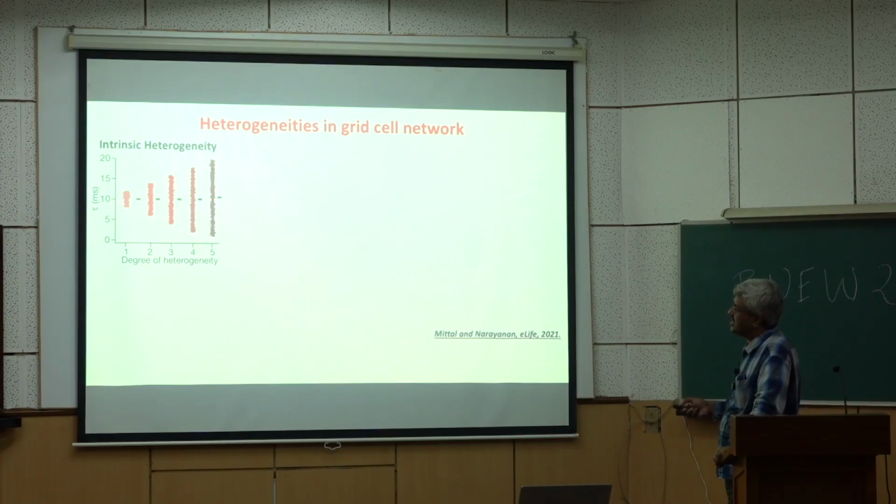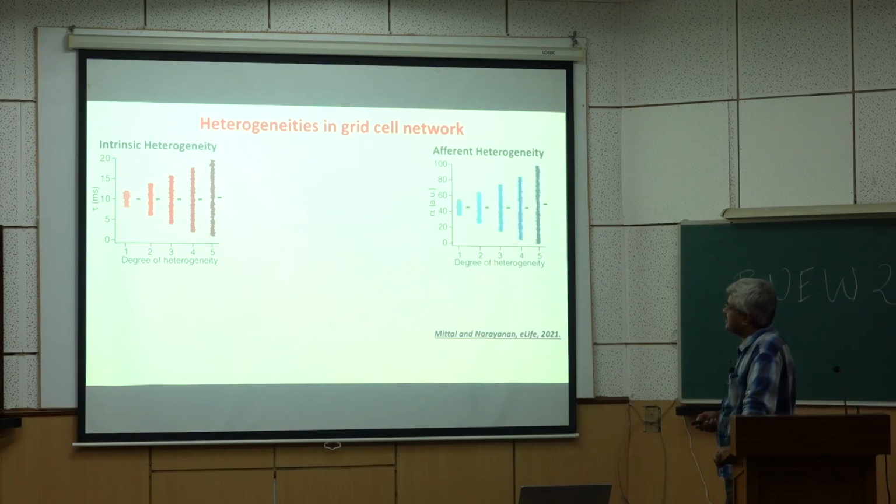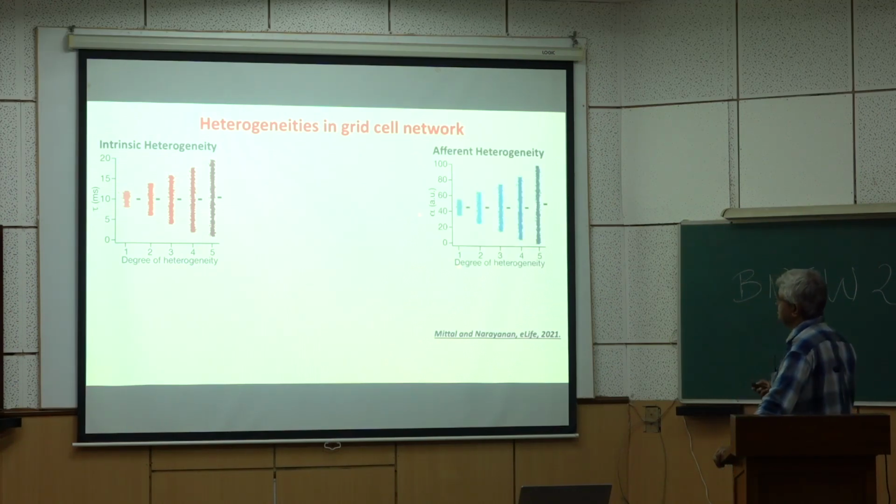So 10 was the number that was used over here. So he kept the mean exactly the same, varied the variance, and there were heterogeneities across this particular structure. That is intrinsic. Afferent heterogeneity is where the velocity inputs that are coming onto this particular structure, the weight of it is being changed, again by a smaller amount to a larger amount.